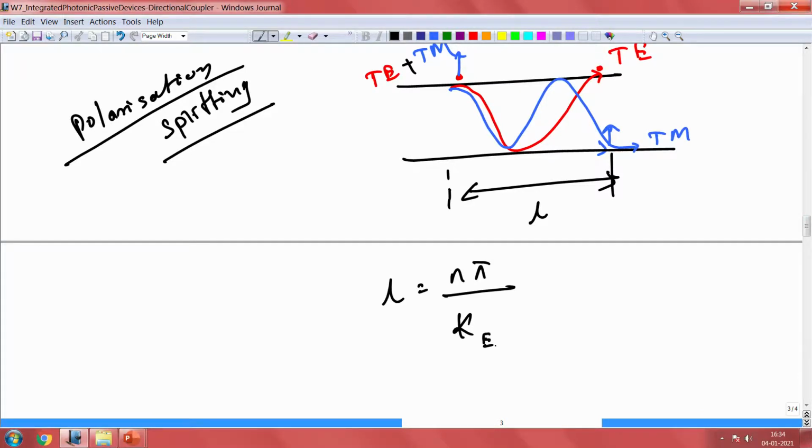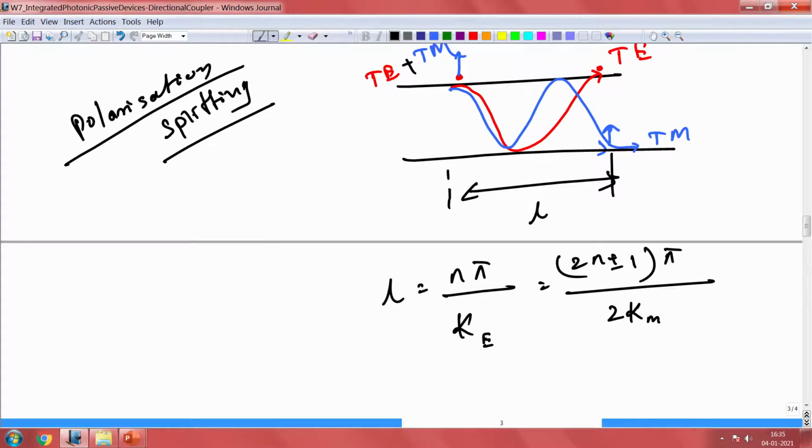kappa electric, right, which should be equal to 2n plus or minus 1 pi for 2 kappa m, right. So, that is electric and magnetic. This is the relation that you have to satisfy in order to get the two polarizations split, right.